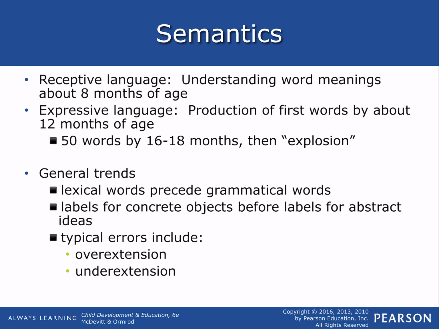So, I mean, this is just practical. Think about this as practical. Labels for concrete objects obviously come before abstract ones. Lexical words precede grammatical words, all those filler-in words. Which is why we start with one word and then two words, and then the completion pieces of a sentence, right?